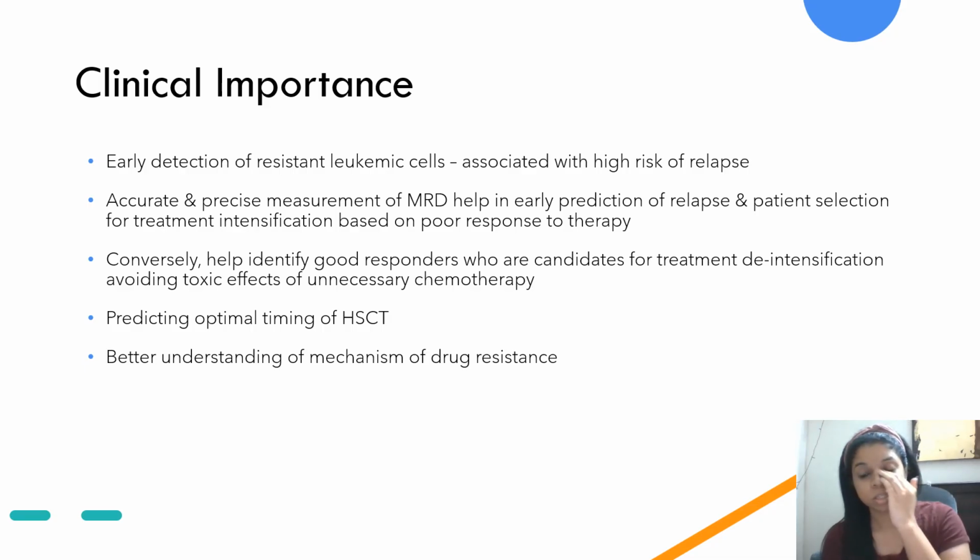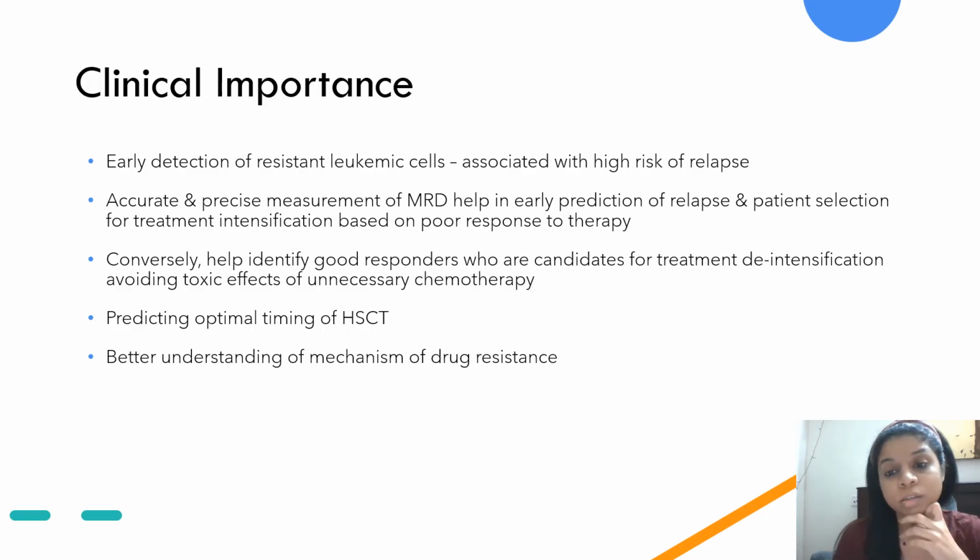That means you are seeing there are resistant cells, which means they are not responding to the chemotherapy regimen that you're using, or maybe those are really high grade malignant cells with certain mutations and fusion transcripts. Then there is a high chance of relapse for the patient.